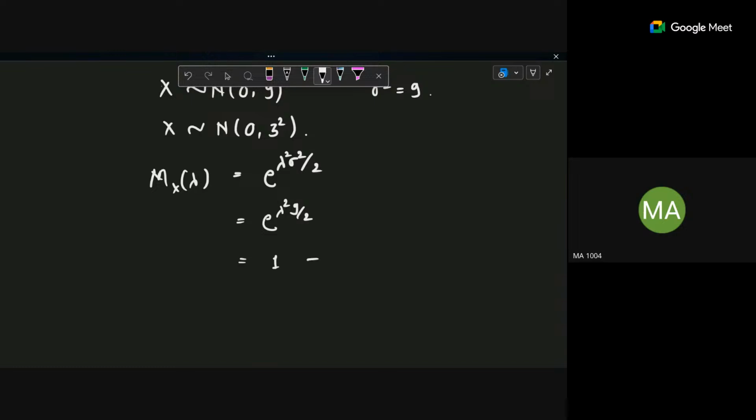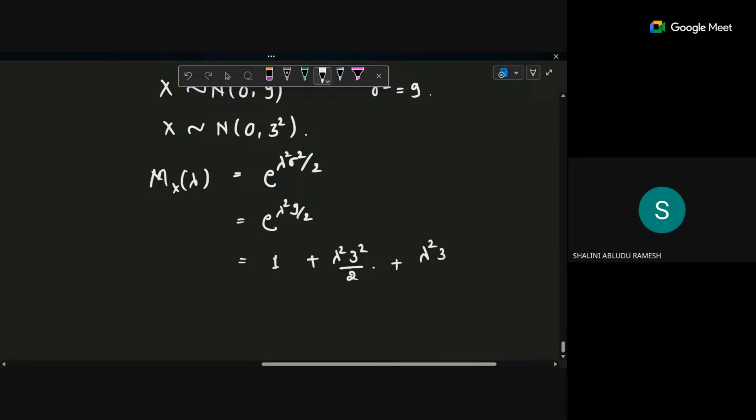What will we get? 1 plus 9 lambda square by 2 factorial, then next, just square it, 9 square lambda power 4 by 2 square 2 factorial, and so on.